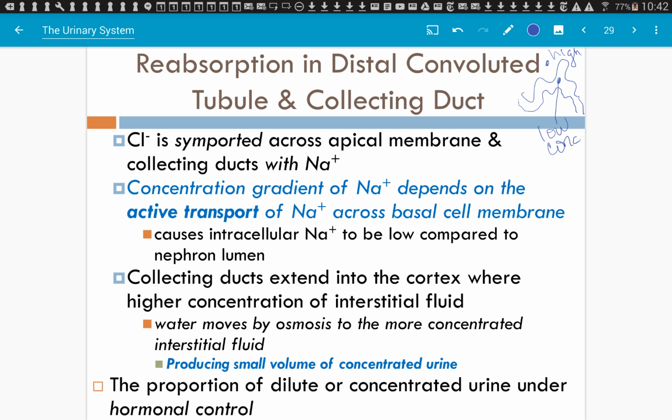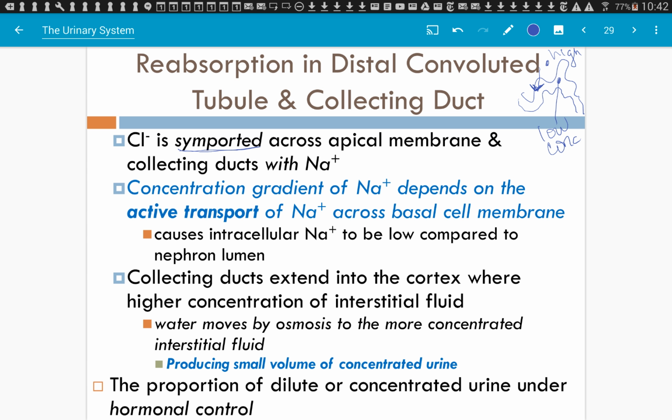So what happens in the distal convoluted tubule to kind of help rectify the situation is that, again, we have symports of sodium and chloride across the membrane. And so that is traveling in. Okay, so you're pumping sodium in, chloride piggybacks on that into the distal convoluted tubule. Okay, that helps to increase the concentration inside the tube.